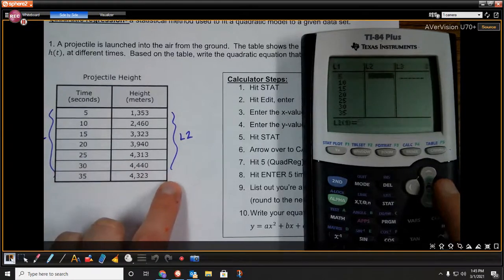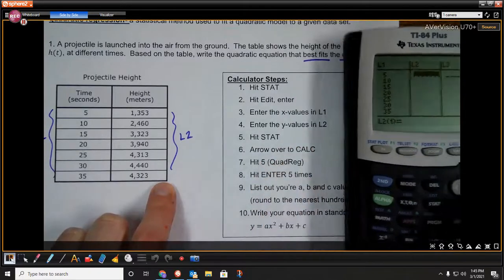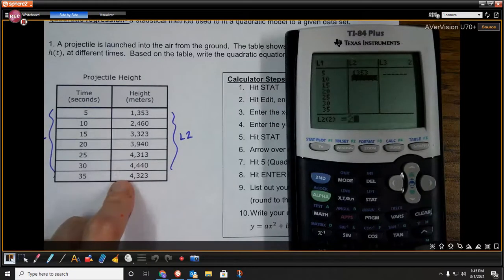Then I'm going to scroll over and enter all of my y values into list 2. So I'm going to do 1353, 2460, 3323, 3940, 4313. Oh, you did that wrong.